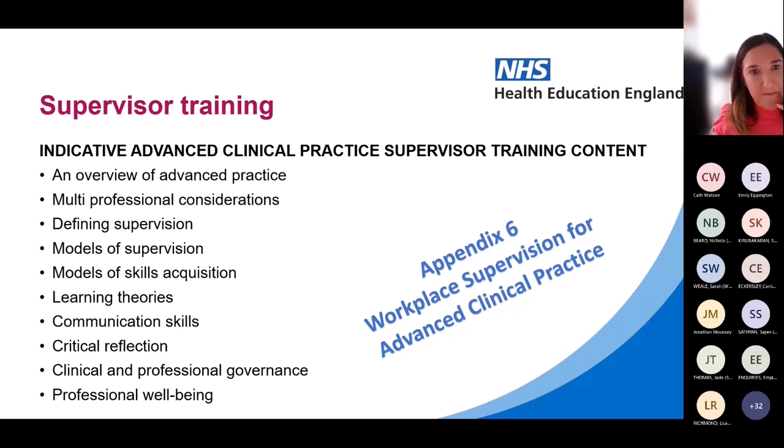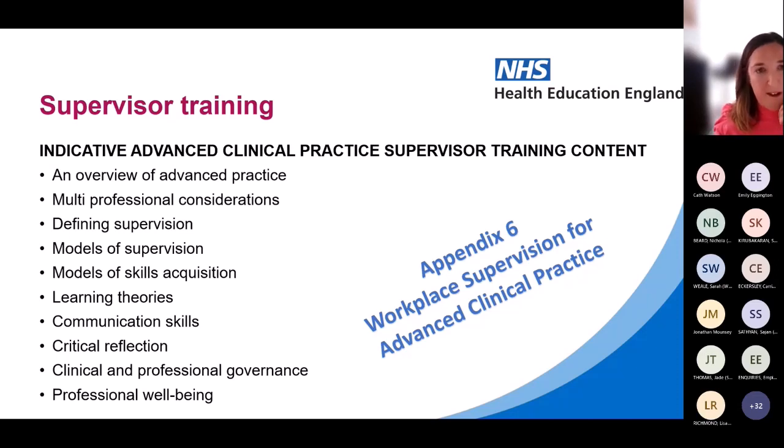We obviously need to think about exactly what supervision is and the different models of supervision we can use. Where can these be adapted? Are they the right models for your area? We need to think about how we're going to get these skills, the different learning theories behind this, and then really breaking down how we use critical reflection. Of course, governance is always going to be a high priority in all of this.